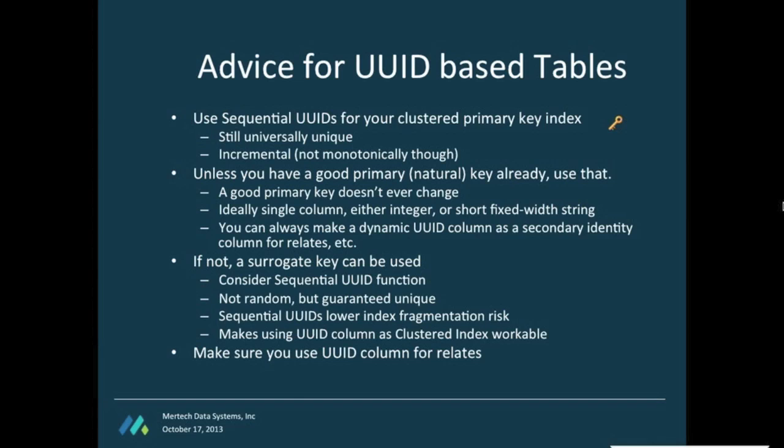Now, if you already have a good natural primary key, as opposed to a surrogate key, which is what we're generating here, you can use that. In general, there aren't too many of them anymore, because a natural key is something that never changes.